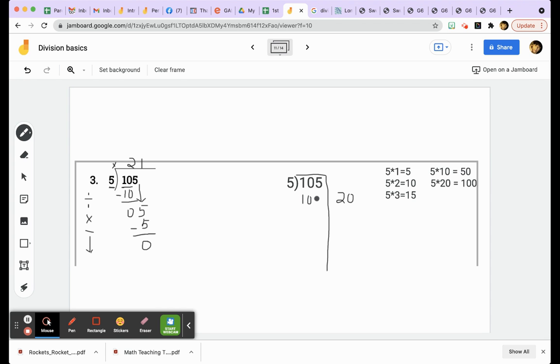I'm going to subtract that from my dividend of 105. And I have a remainder of 5. I don't have anything left to bring down, but 5 will go into 5. 5 goes into 5 1 time. 1 times 5 is 5.